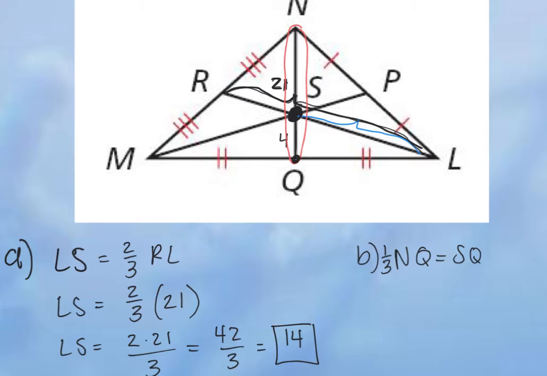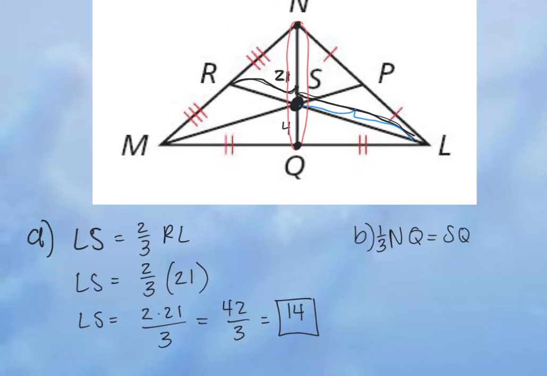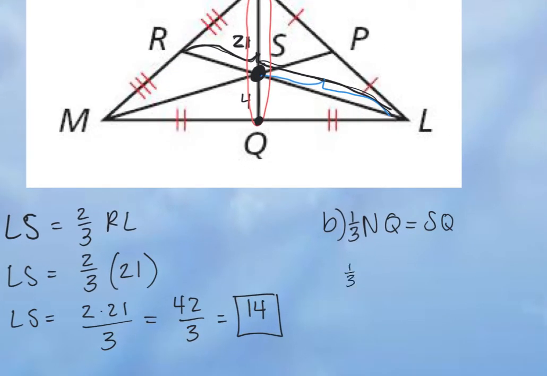It's the second part of the median. It does not go to the vertex from N to S. It goes to the side. So that's going to be 1/3 whatever the full length of NQ is. So we plug in SQ, which is 4. So we have 1/3 times NQ equals 4. All we need to do is multiply both sides by 3 to get rid of that 1/3. And we're going to get NQ equals 12.